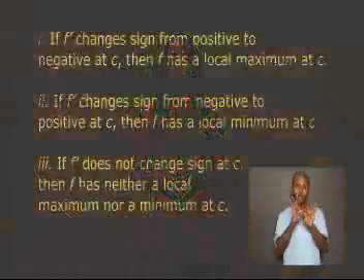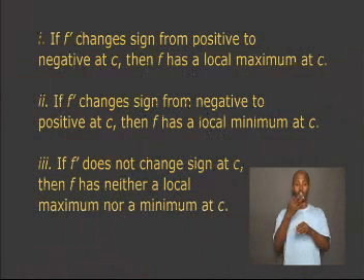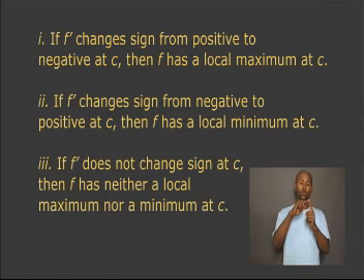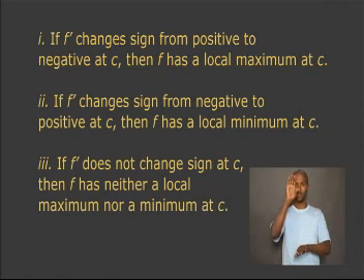Because of these relationships, we can figure out a test for local extreme values of a function. If f prime changes sign from positive to negative at c, then f has a local maximum at c.